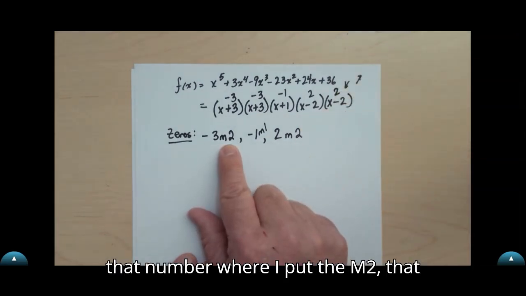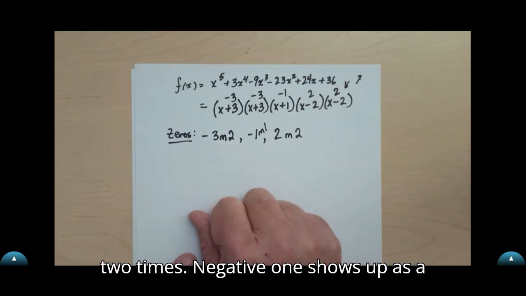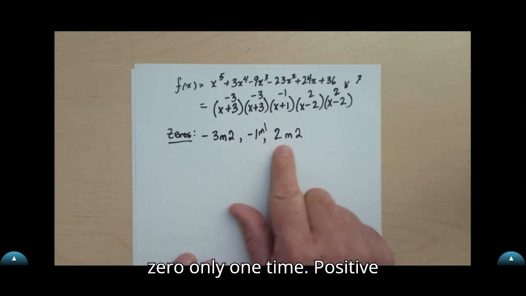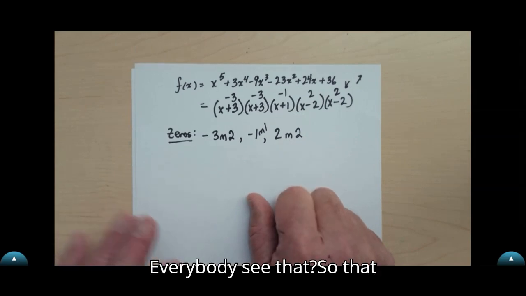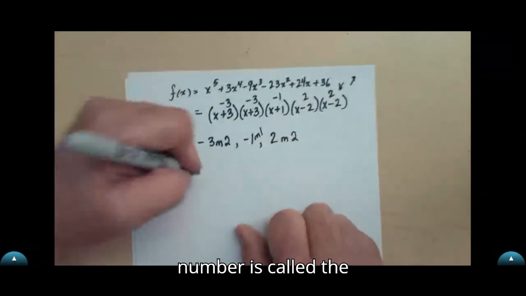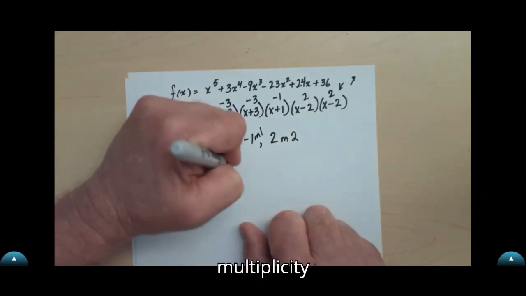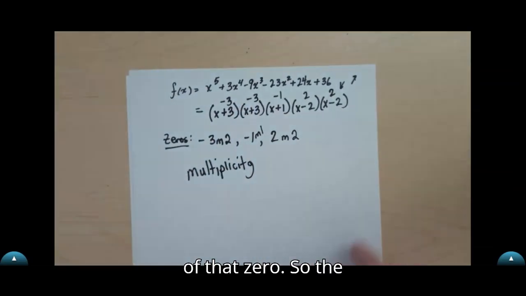So that number where I put the M2, that means -3 shows up as a 0 2 times. -1 shows up as a 0 only 1 time. +2 shows up as a 0 2 times. Everybody see that? So that number is called the multiplicity of that 0.